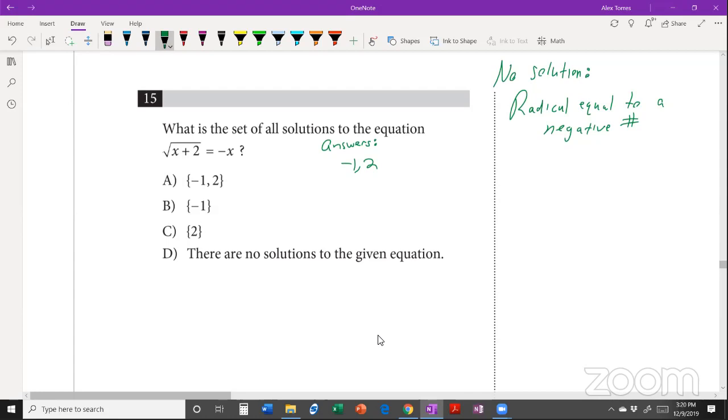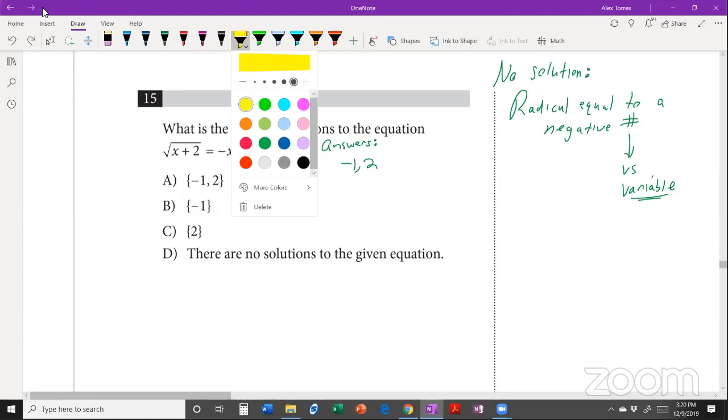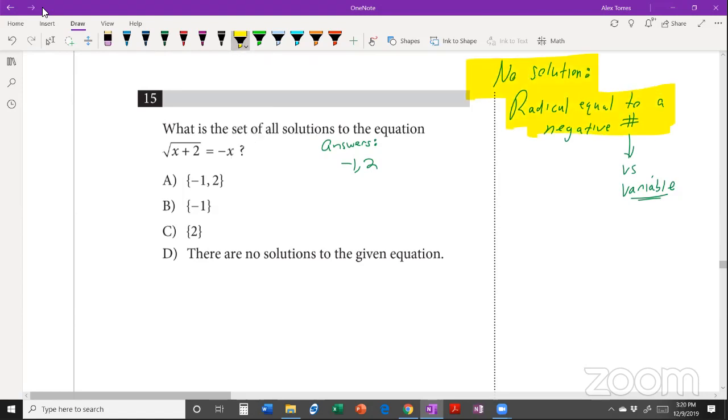But if you have a radical or an absolute value equal to a negative variable, like x, then we don't want to be so quick to say no solution. It's a tiny little tedious thing that is taken advantage of here to cause lots of students taking a test like this to get the answer wrong. So since it's not equal to a negative number here, it's equal to a negative variable, we don't want to be so quick to say no solution, we'll go ahead and plug in -1 and 2.